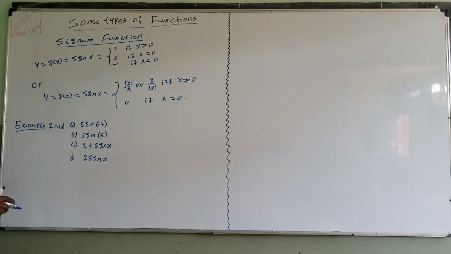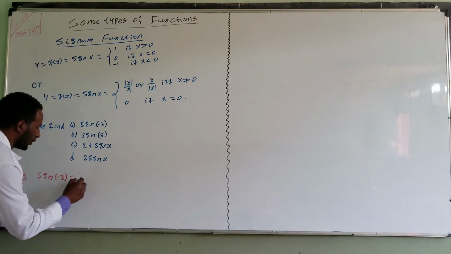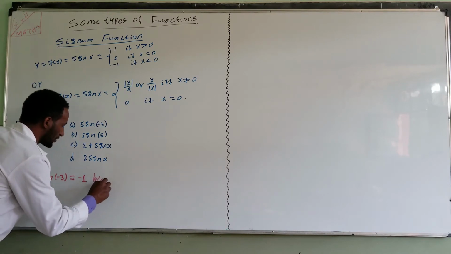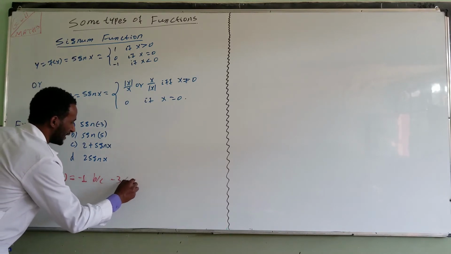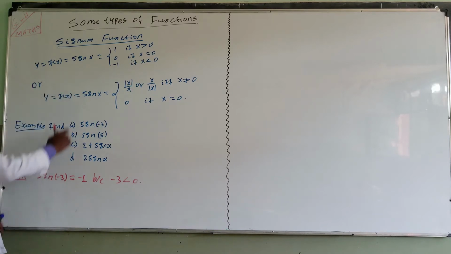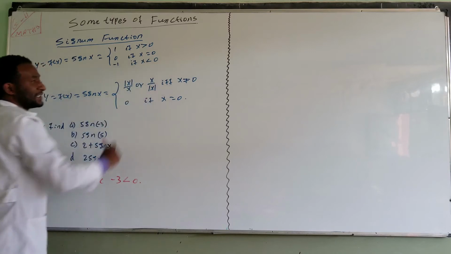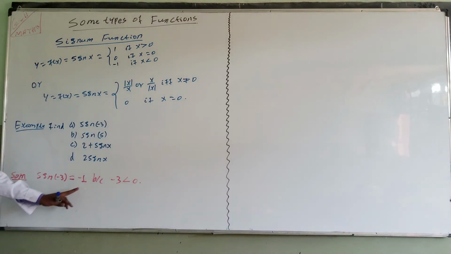2 times signum x. Let us see the solution. Signum of negative 3 is equal to what? It is equal to negative 1, because negative 3 is less than 0. When at the place of x we substitute any negative real number, the result is negative 1.